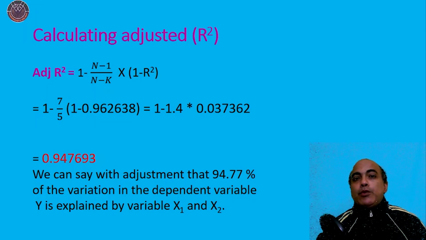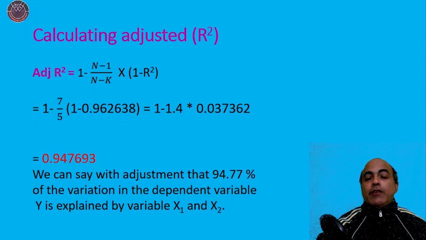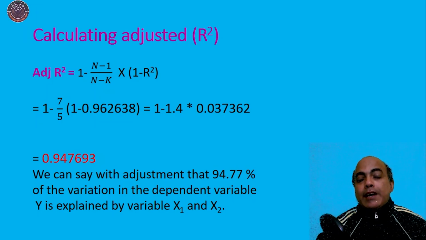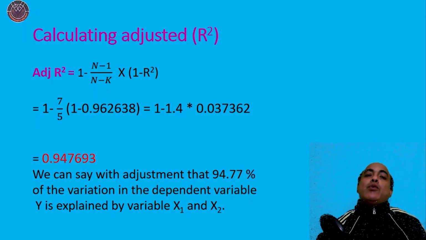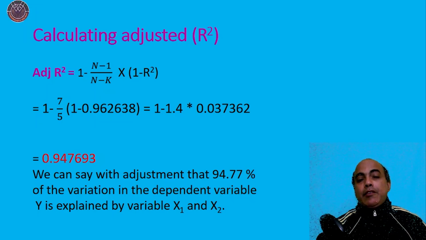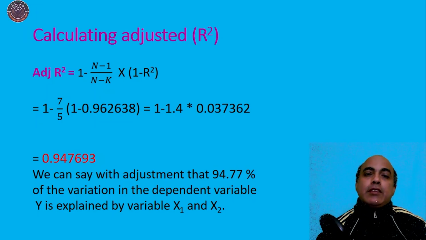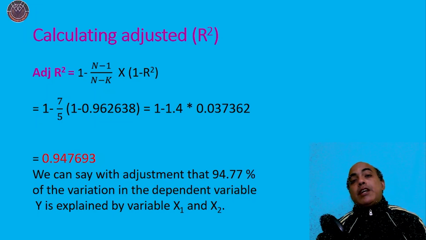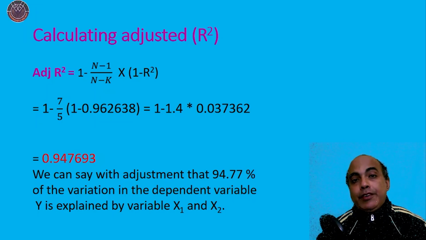So we have to get the adjusted r square value to see to what extent it is closer to the calculated r square value. If the adjusted r square value is very much lower than the calculated r square value, then we can say that our regression equation is overfitted, and it cannot be generalized to the population.